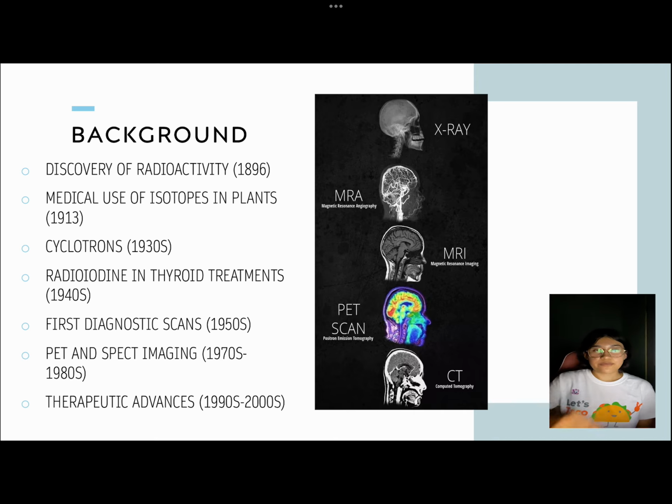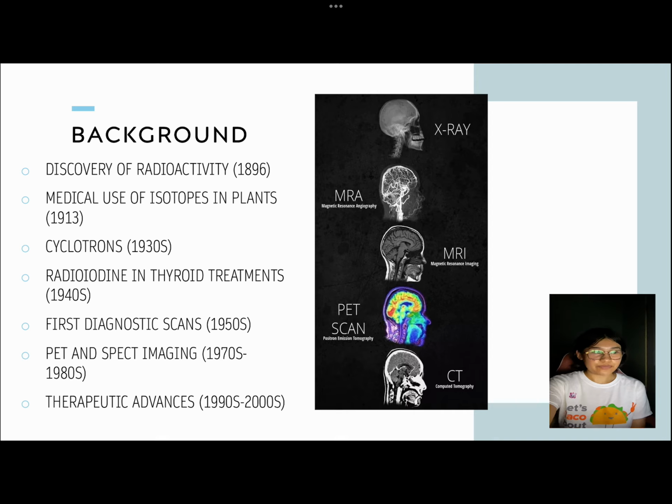Also, these were starting to emerge to develop brain and liver scans. So these scans provided unprecedented insights into the functioning of internal organs that we couldn't really see before, and it was a pivotal moment in medical imaging.